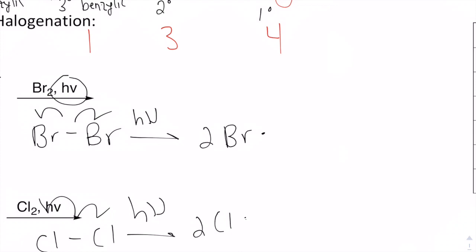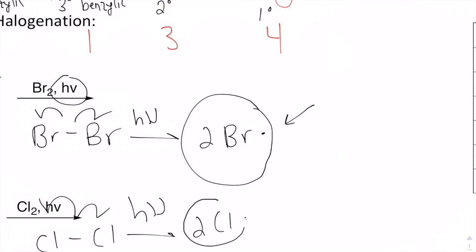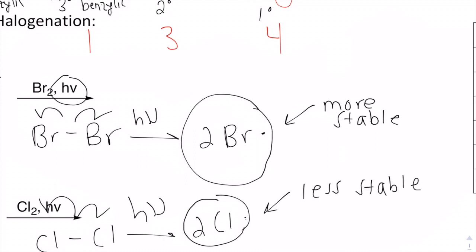Since bromine is larger, and chlorine is smaller, we could say that this bromine radical is more stable because there's a lot more space to accommodate that radical than this chlorine radical, which is less stable. We know that less stable parallels to more reactive, and more stable parallels to less reactivity.